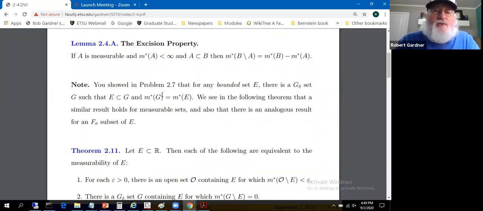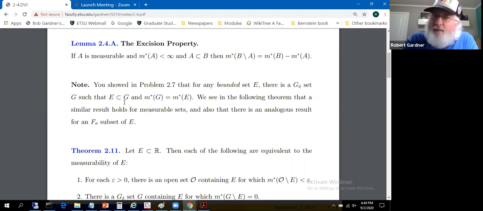We argued, stated in the notes, that problem 2.7 has us show that for any bounded set E, there's a G delta set G containing E with the same outer measure as E. We also, maybe in some of the supplemental material, mentioned something about F sigma sets that are subsets.